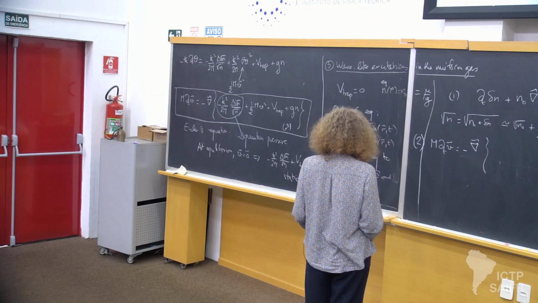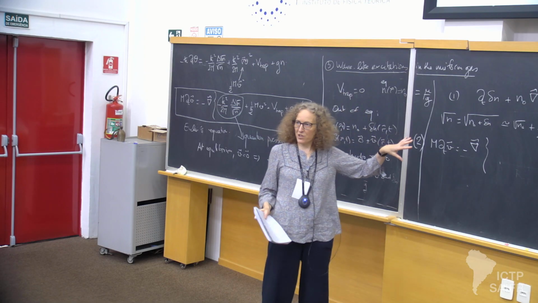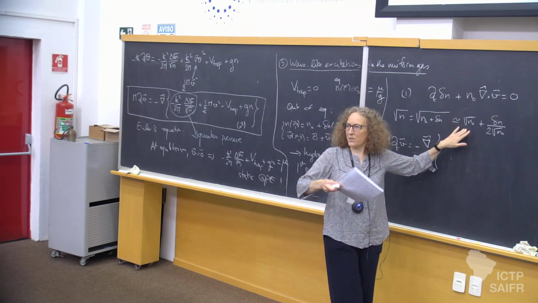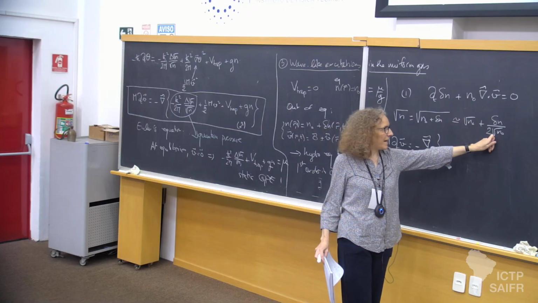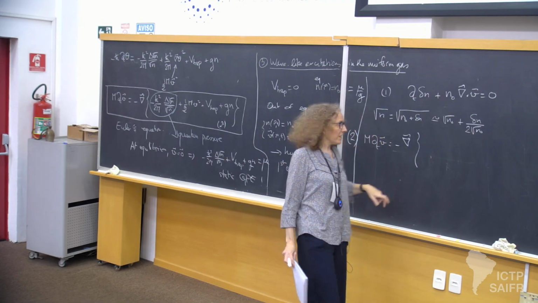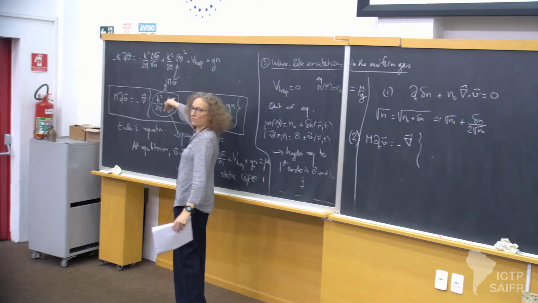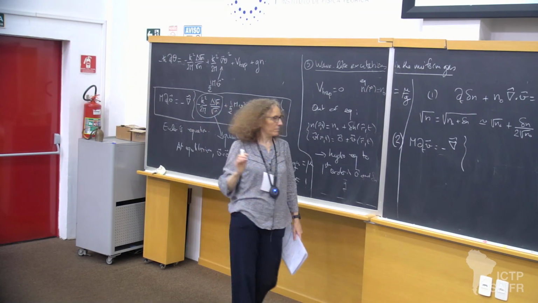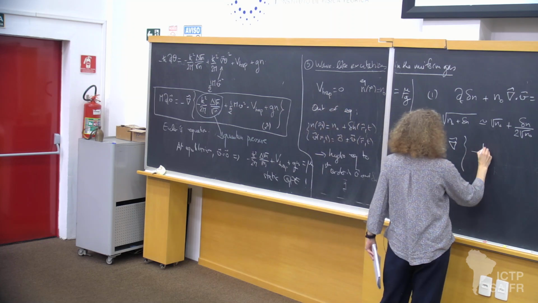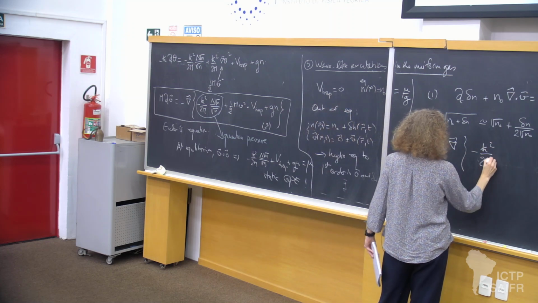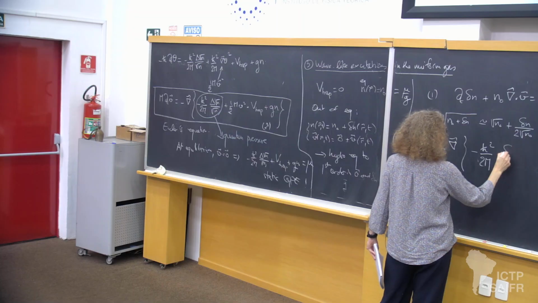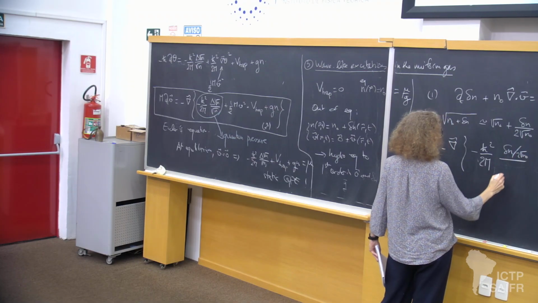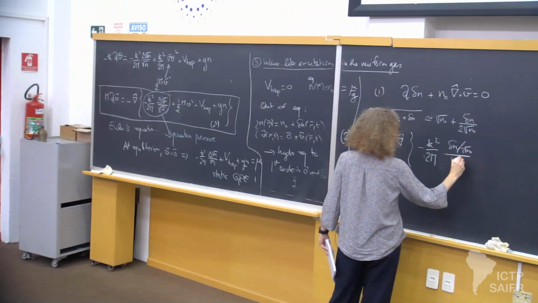When I take the Laplacian, the Laplacian of the square root of n0 is 0 because it is a uniform system. So I will only have a Laplacian of delta n, such that the numerator is already of order 1. So for the denominator, I have just to take the square root of n0. So it's minus h bar squared over 2m, Laplacian of delta n over 2 square root of n0, and the denominator is just the square root of n0.